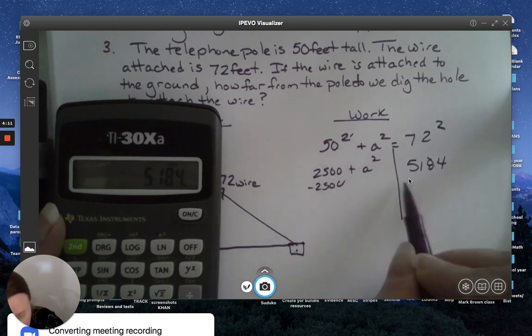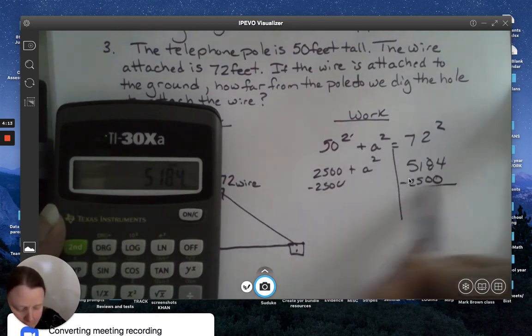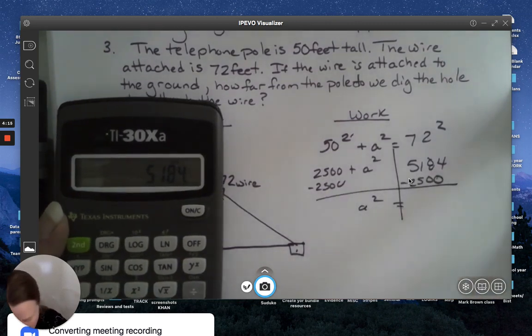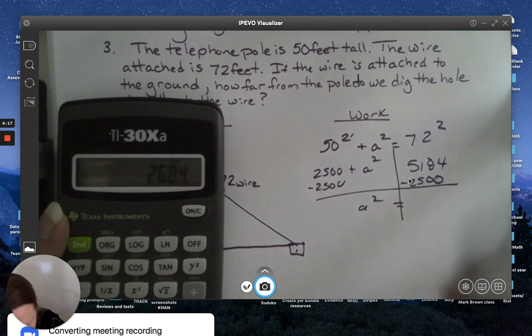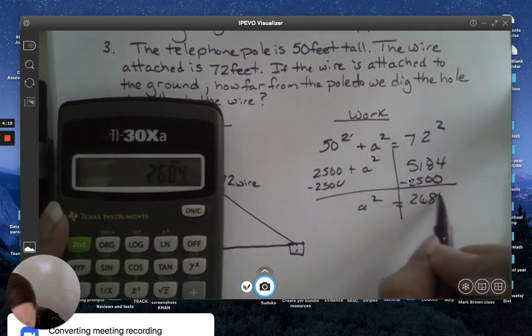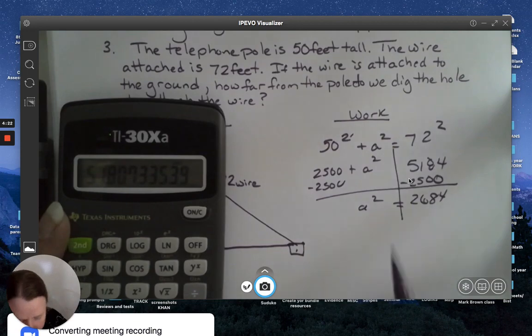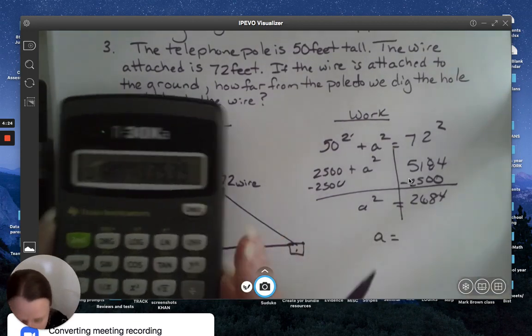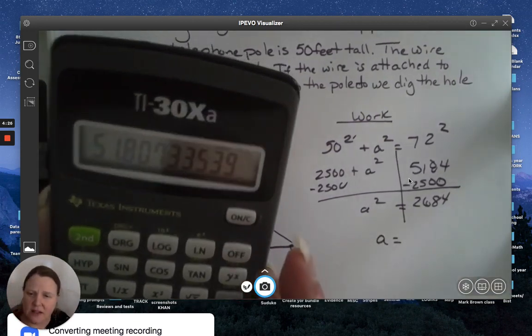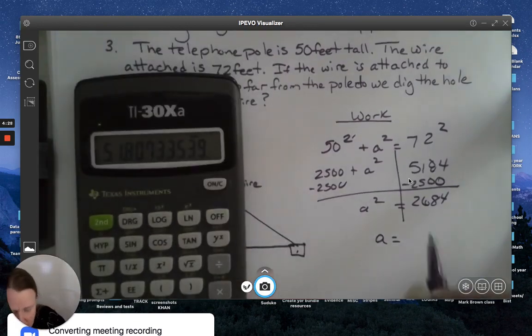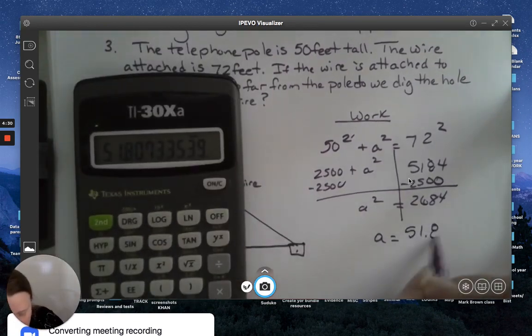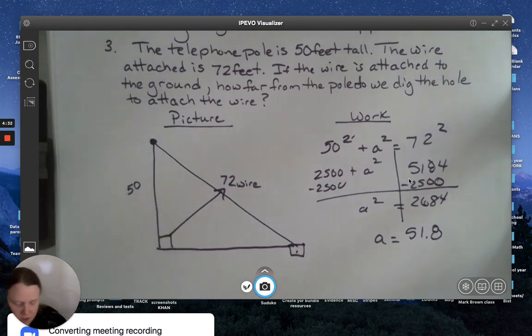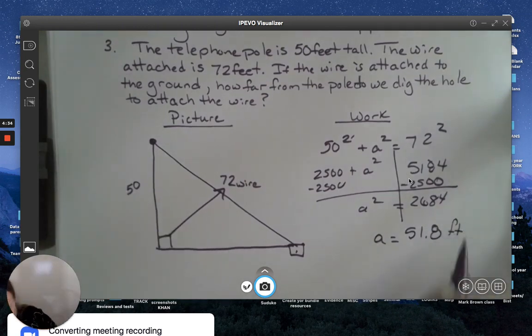We'll subtract. We'll take the square root. And a is going to be roughly 51.8 when rounded. In most cases, rounding to the tenths place is enough. So this would be 51.8 feet. So I have a label.